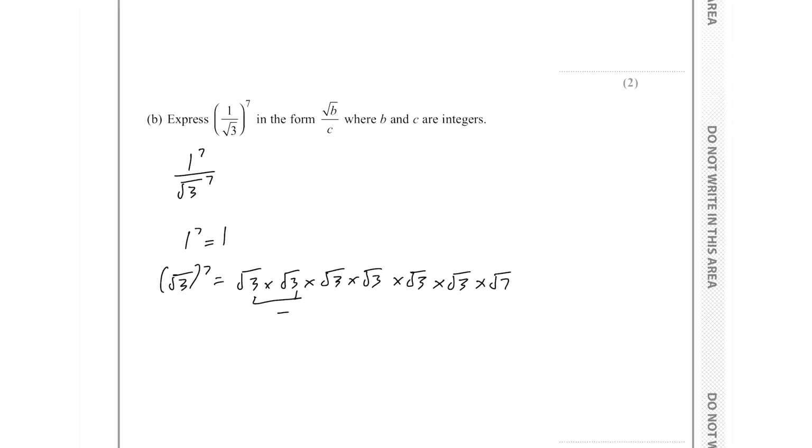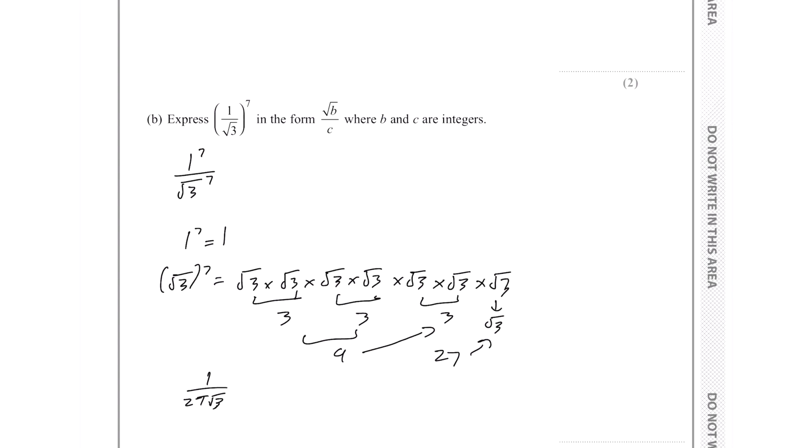So these two become 3, these two become 3, these two become 3, and this is just root 3. So these two become 9, and then 9 times 3, that becomes 27, and then we're left with 27 root 3, so that then becomes 1 over 27 root 3.